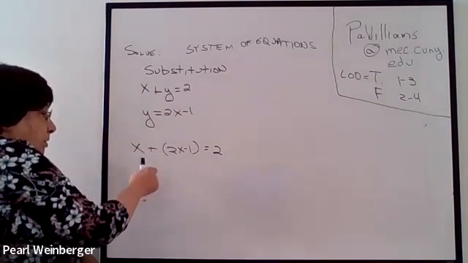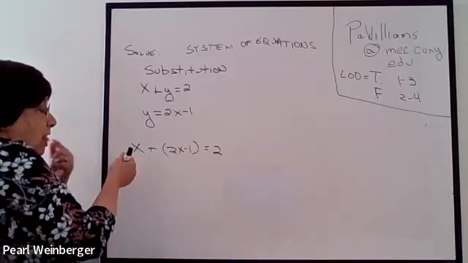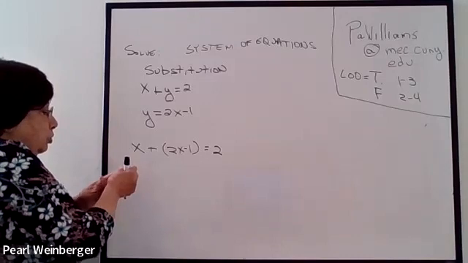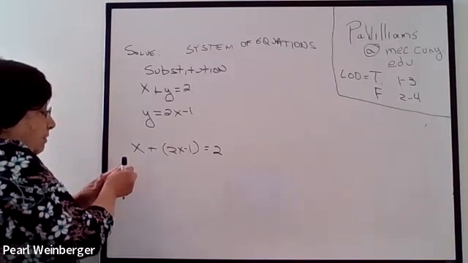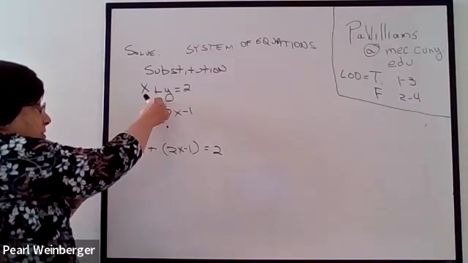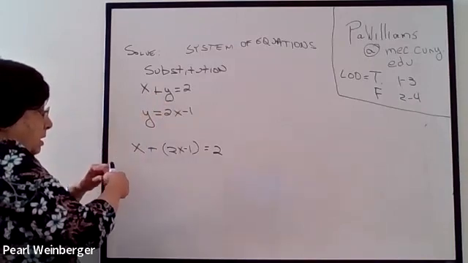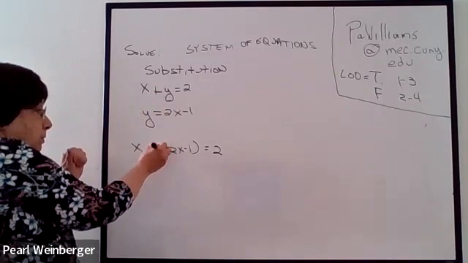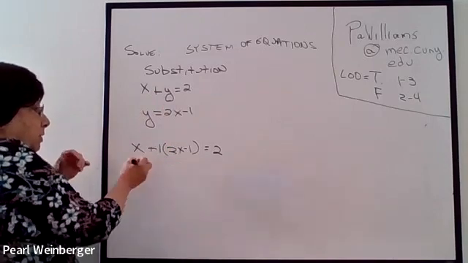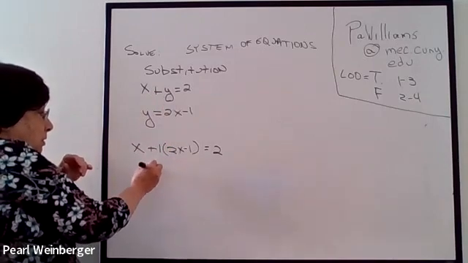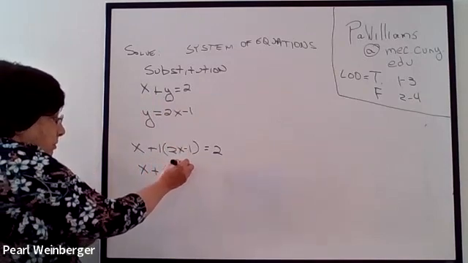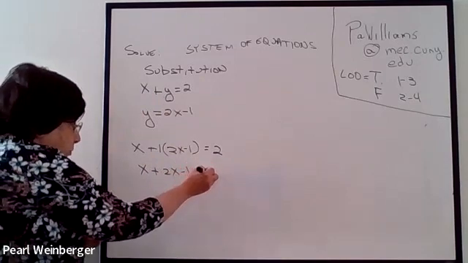Remember, when you're going to use the substitution method, you really should use parentheses in place of the letter you're substituting. There's no number in front of the parentheses, so it's understood to be 1. So if we're removing the parentheses, we're getting x, 1 times 2x is 2x, 1 times -1 is -1, equals 2.